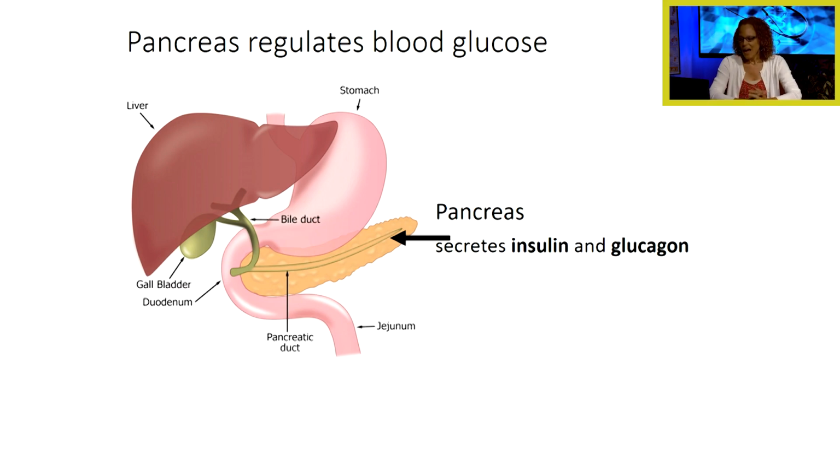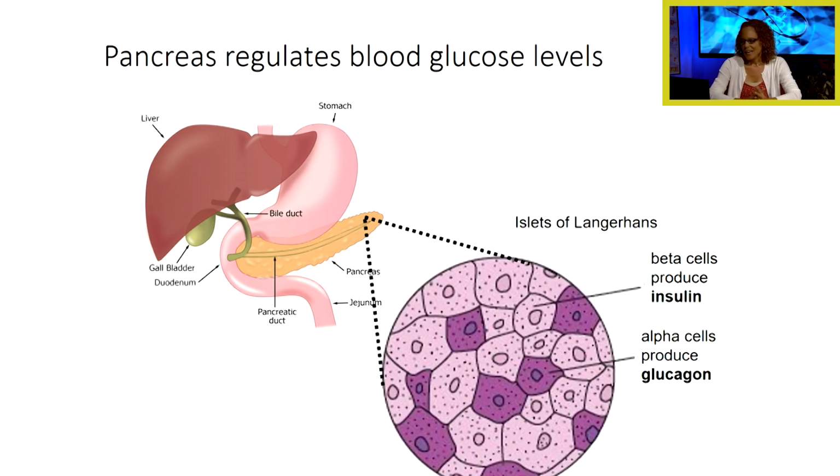So, our pancreas not only secretes insulin, but it also secretes glucagon. The beta cells are the cells in our pancreas that produce the insulin, and the alpha cells are the cells that produce the glucagon.